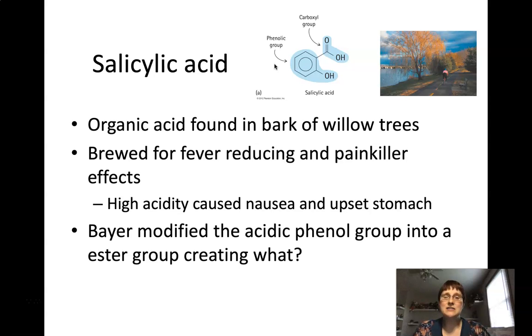So if you've taken aspirin, you have taken a version of salicylic acid. And this isn't the only medication we have that's based off of a chemical that comes from trees or plants or insects. So sometimes we take what we have, and if there is a side effect like here, we figure out how we may be able to modify it so that the side effects aren't so bad.